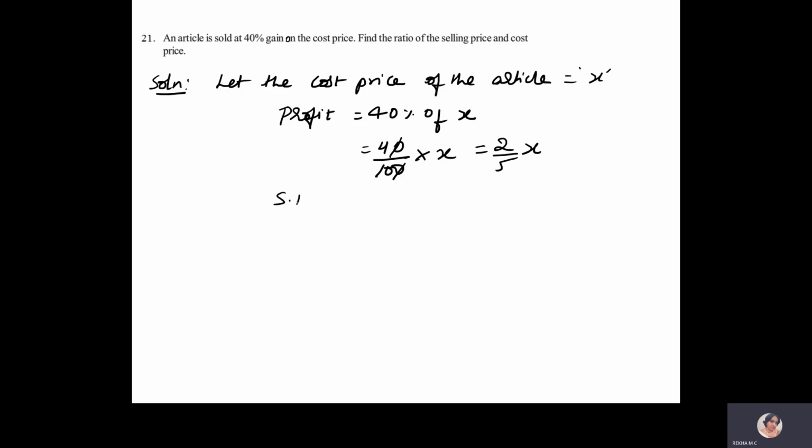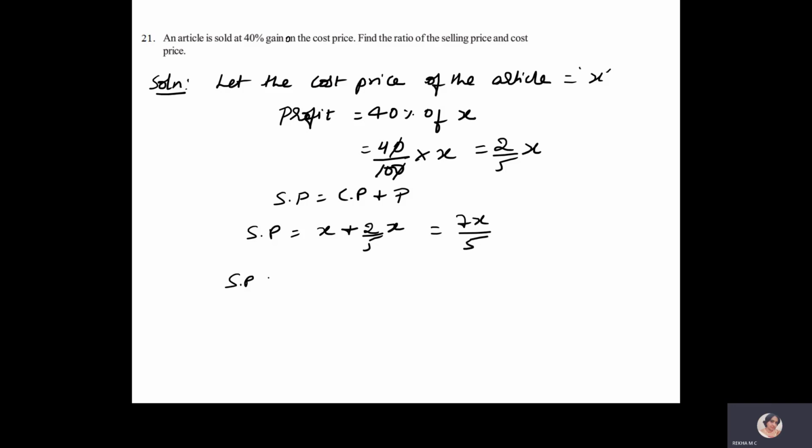And selling price is equal to cost price plus profit. So selling price is equal to X plus 2 by 5 X. Cost price is X and the profit is 2 by 5 X. That is equal to, when you take LCM is 5, 5 plus 2, 7X divided by 5.